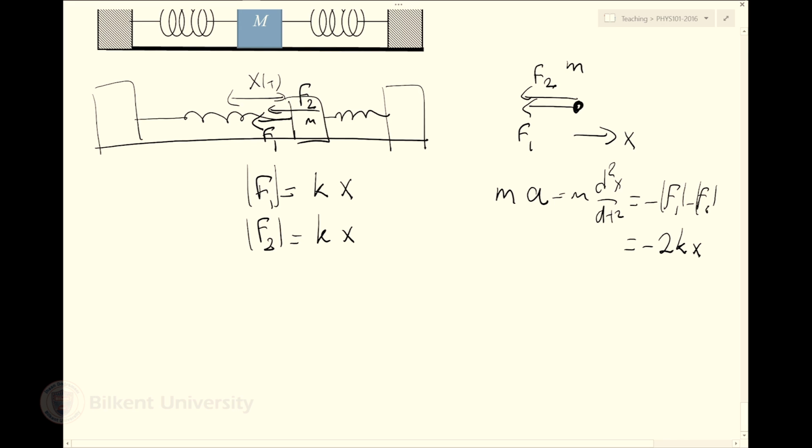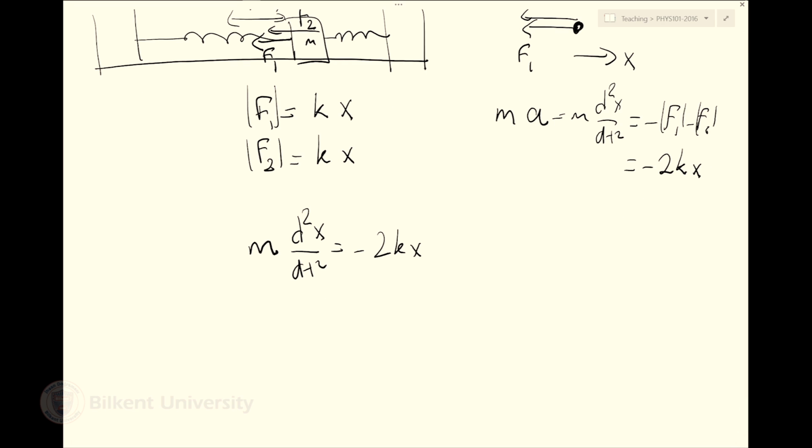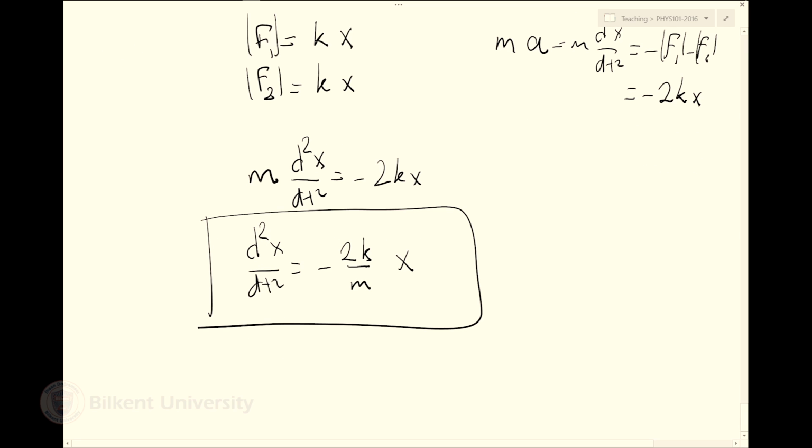So what's my equation now? M times d squared x dt squared is minus 2kx, or d squared x dt squared is minus 2k over m times x. Is that the differential equation I know how to solve?